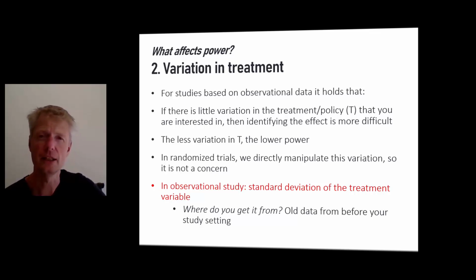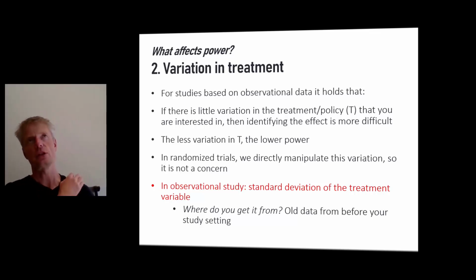And obviously, the less variation you have, for instance, only a small share of the population that you are looking at has been treated, the lower your level of statistical power. That's basically the standard deviation of the treatment variable.